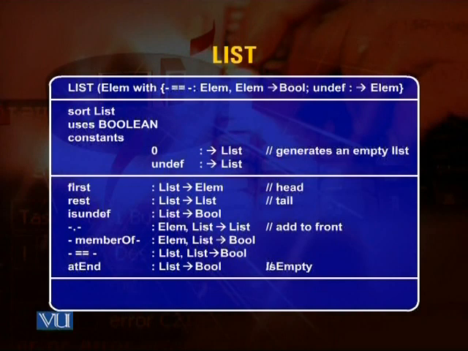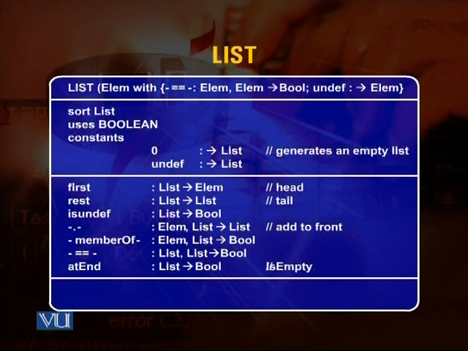So we have an operator dot which takes two parameters. The first parameter is of type element, which comes on the left hand side of the dot, and the second parameter, which comes on the right hand side of the dot, is the list, which generates a new list after adding this element to the front of the list.